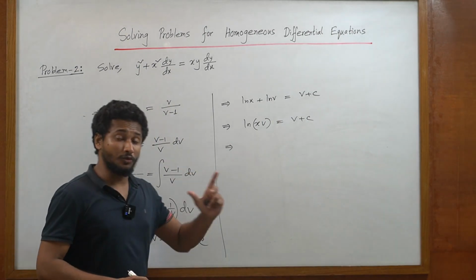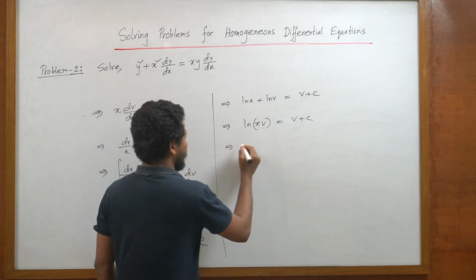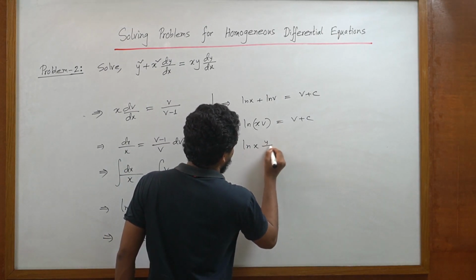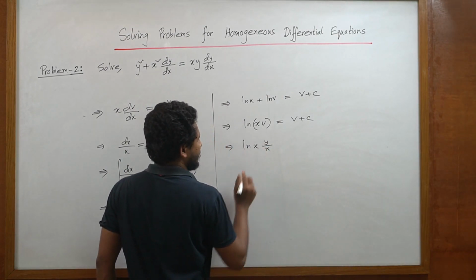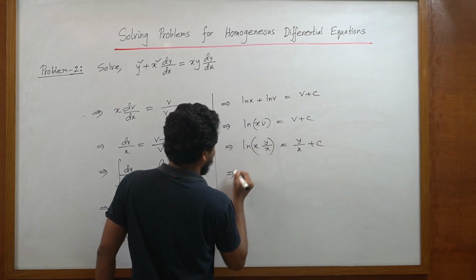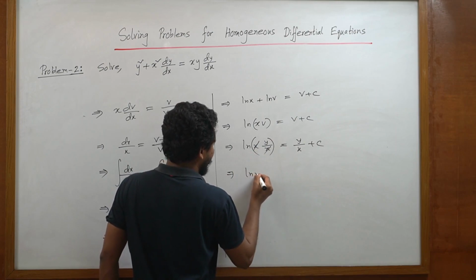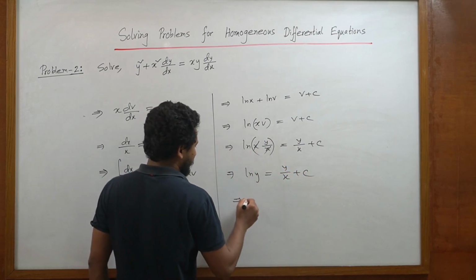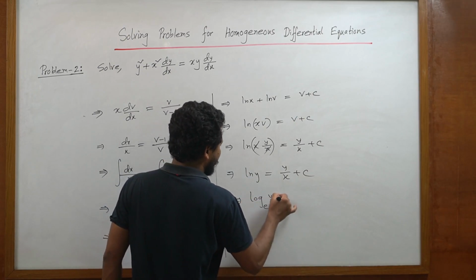We took v as y by x, so we will replace v with y by x. So this x is removed. Ln y equals y by x plus c. Ln y means log e base y.